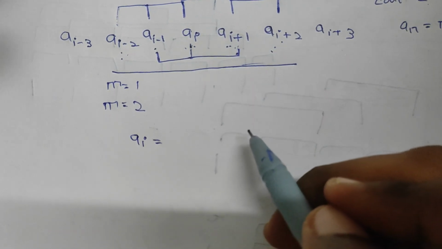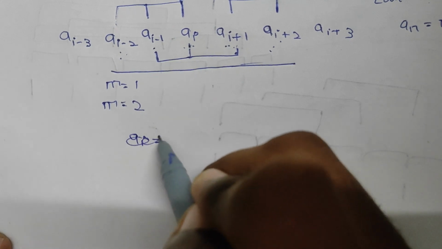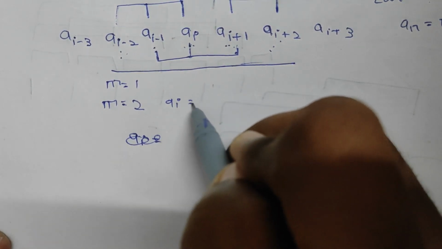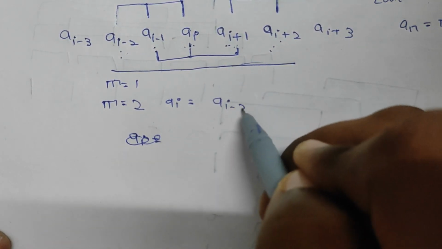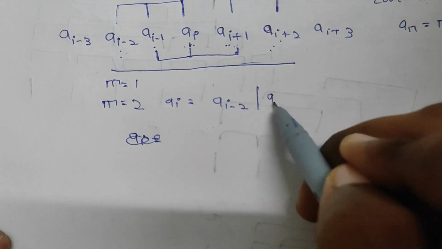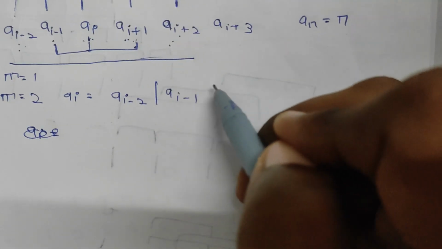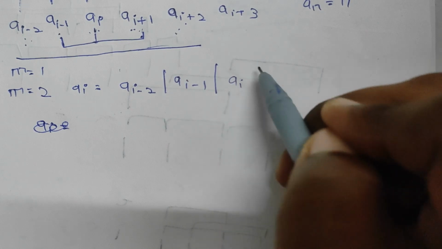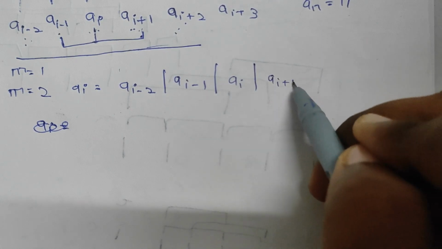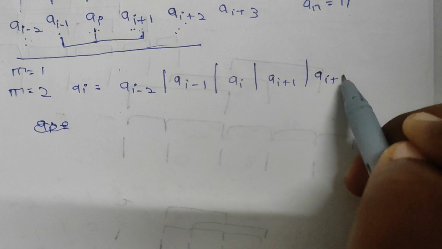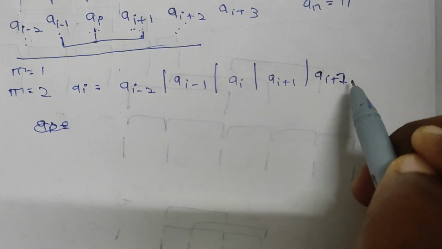So in the second operation a_i will be equal to a_(i-2) bitwise OR a_(i-1) bitwise OR a_i bitwise OR a_(i+1) bitwise OR a_(i+2).